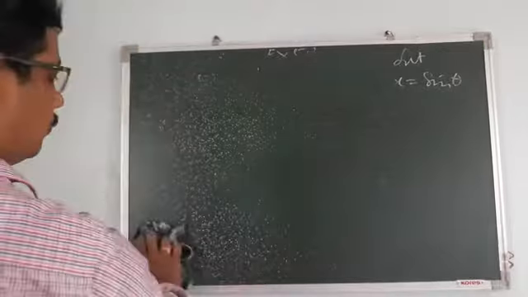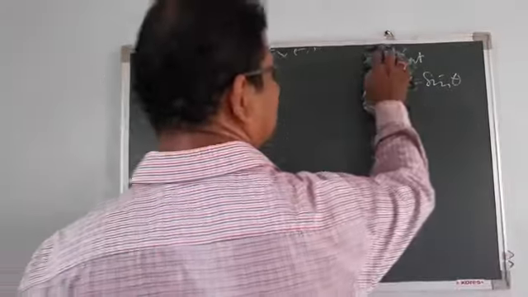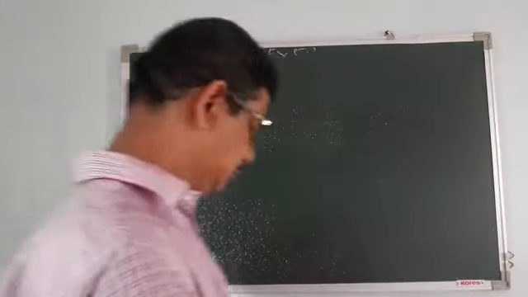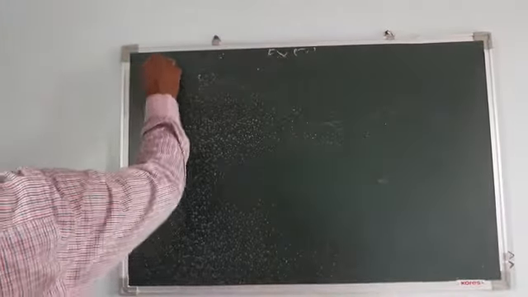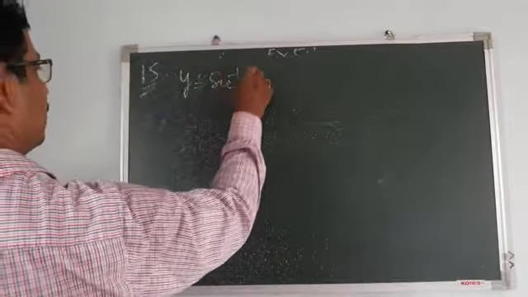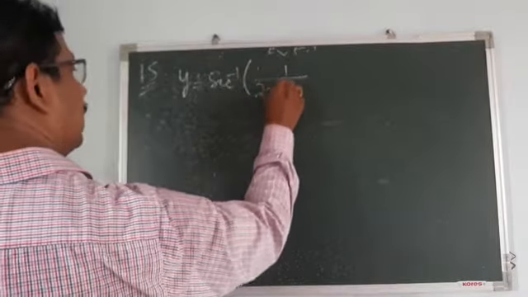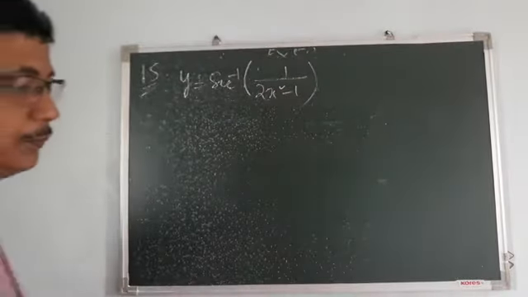Now we will go for question number 15. It is the last question of the exercise. It is given y is equal to sec inverse of 1 by 2 x square minus 1.